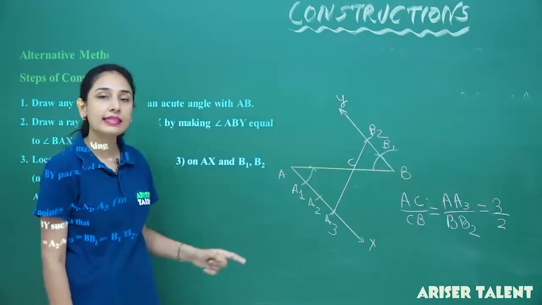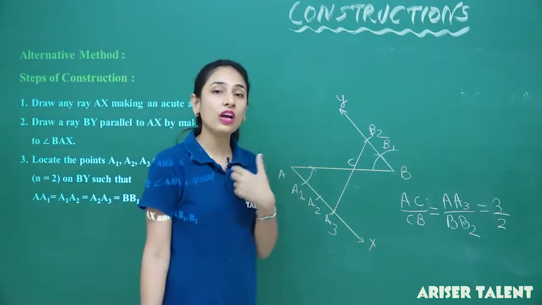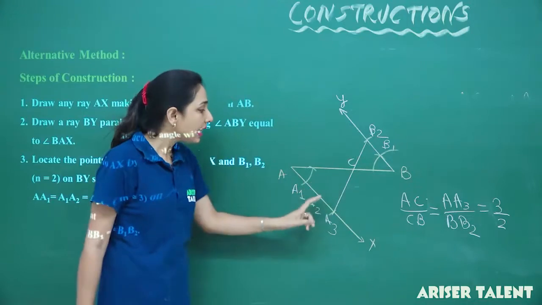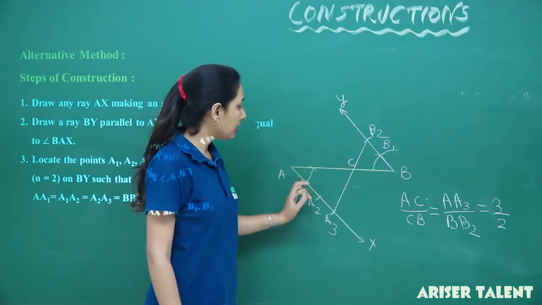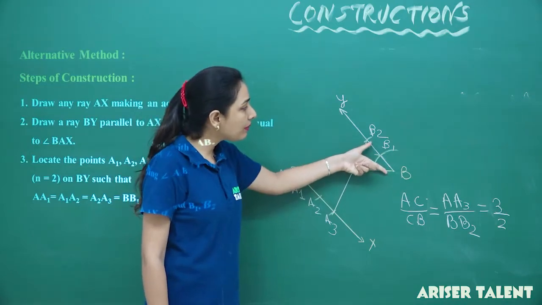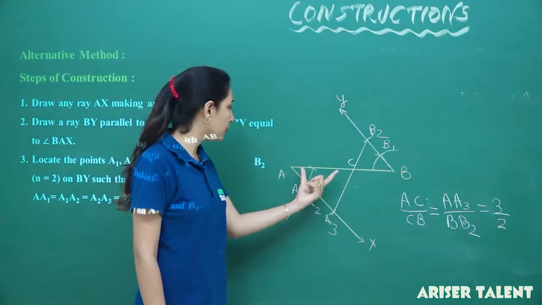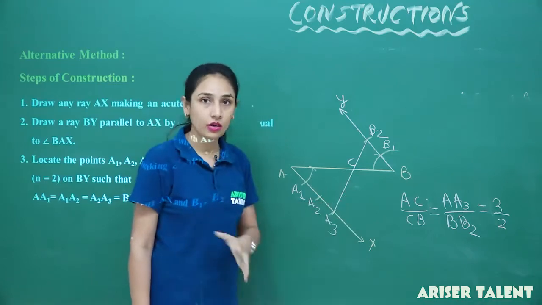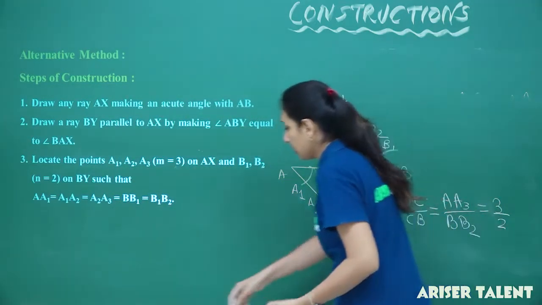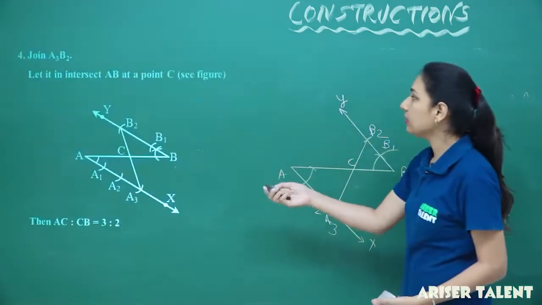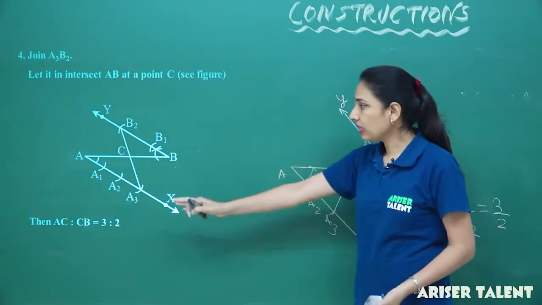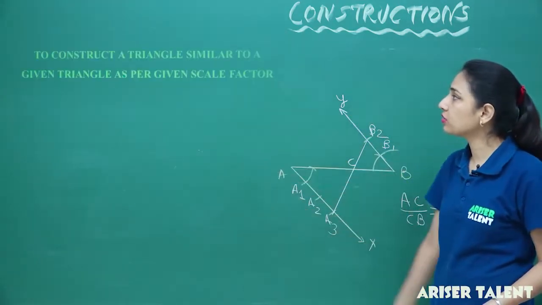Because these two triangles are similar triangles, and I have given you the proof in the previous lecture. So the ratio of the corresponding sides A3 to B2 will be equal to the ratio of AC to CB. Okay students, so this is the second method, and by this construction you will get exactly the same figure. So AC to CB will be equal to 3 by 2.